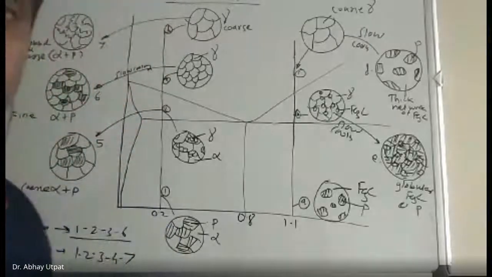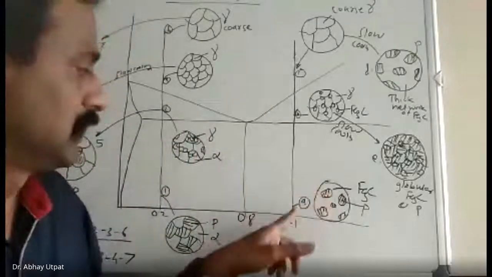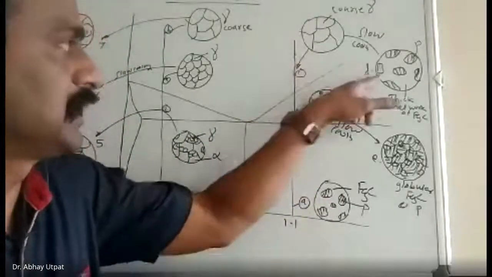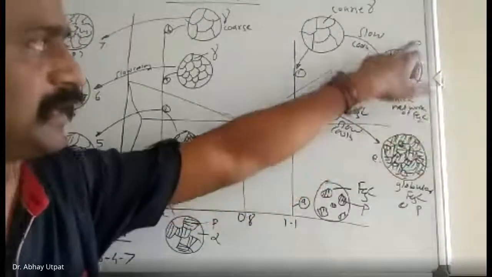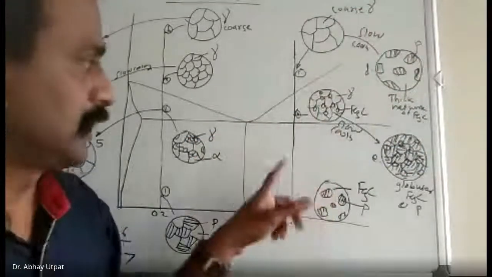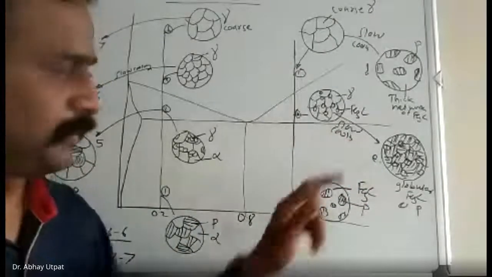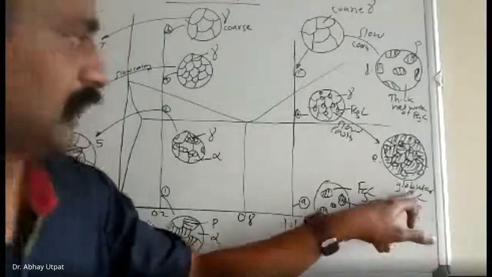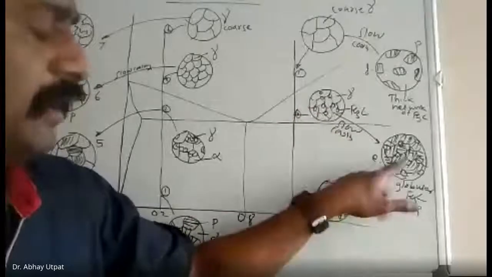If we follow the full cycle for hypereutectoid steel, that is A, B, C, D, your microstructure will be thick network of cementite. And if you follow partial cycle A, B, E, microstructure will be globular cementite. This round part which I have shown is globular cementite and perlite.